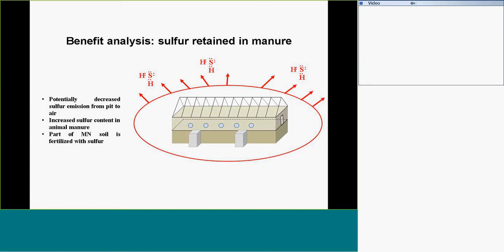When the petroleum industry removes sulfur from off gas, a lot of farmland needs sulfur fertilizer. With this sulfur increase, we can contribute to crop production. That's an idea we can test.